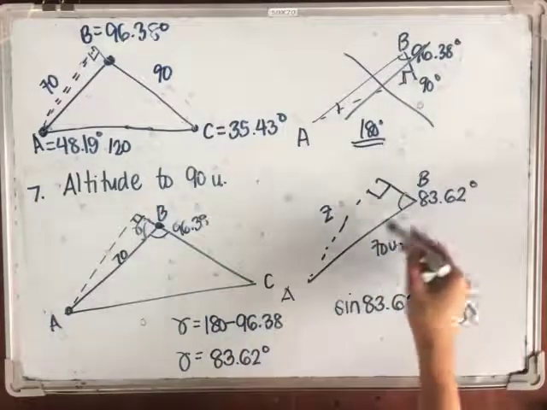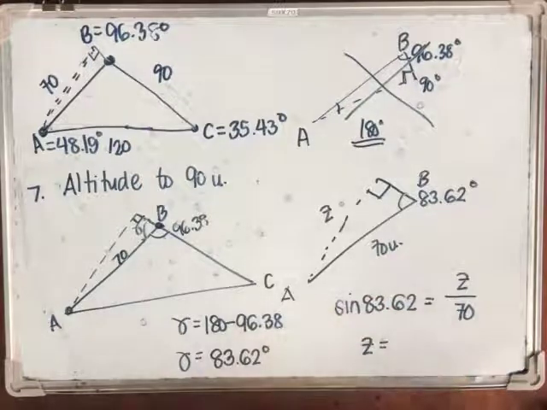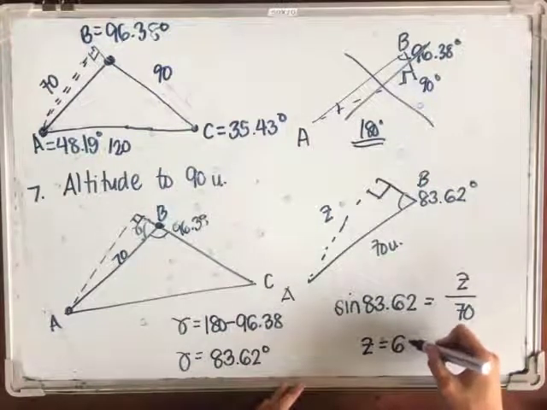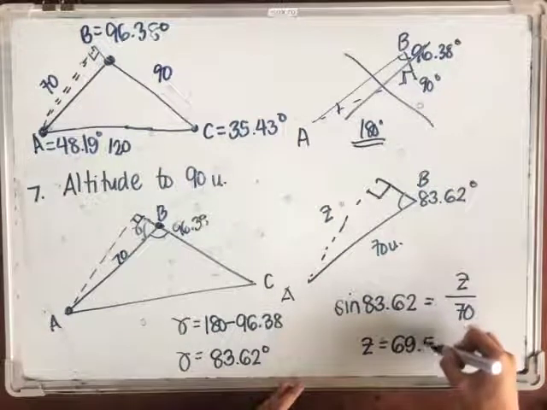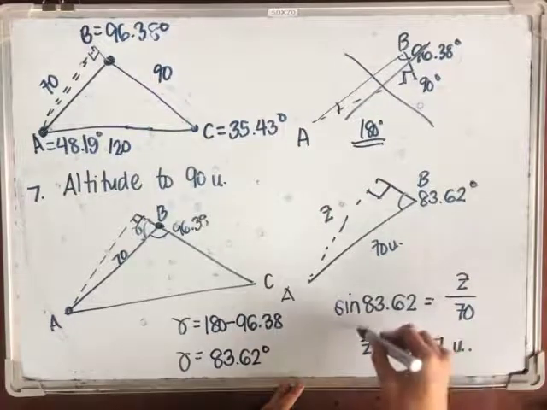So this should be our hypotenuse here. So Z is equal to 70 times sine of the angle 83.62. That leaves us with a final answer of 69.57 units.